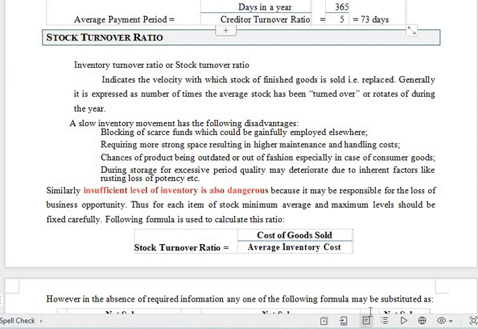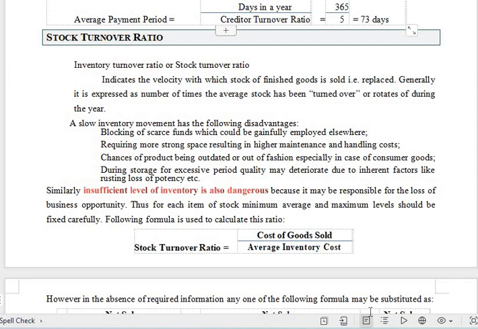If you have only 9,500 value of stock in your business, then your production will be stopped in between, because we have a shortage of 500 units of stock. Suppose you need only 10,000, if you have 11,000, your cash is unnecessarily idle in your stock. So you have to find out what your optimum stock is. That's why we are calculating it, because your investment always speaks about your turnover.